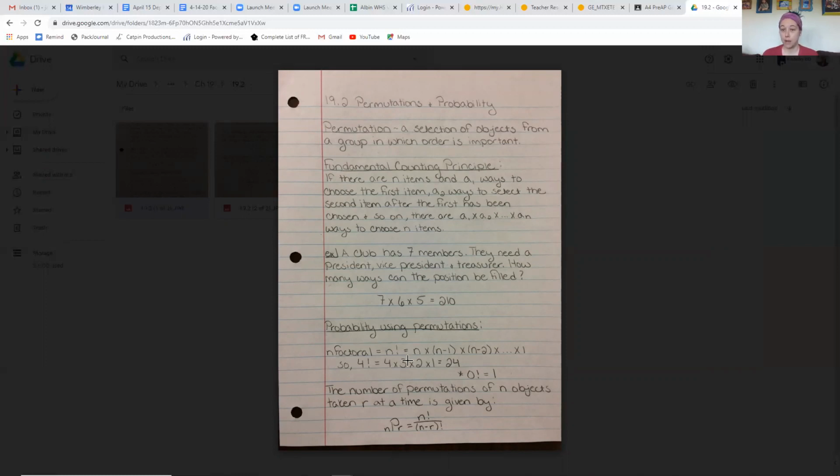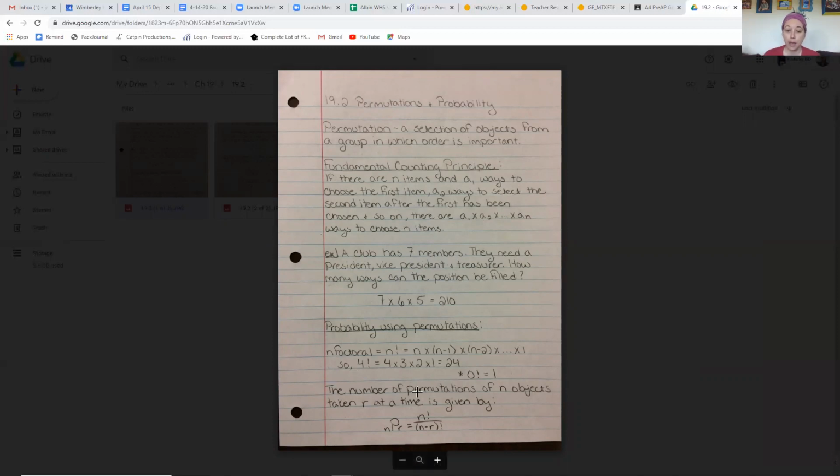4 times 4 minus 1, which is 3, times 4 minus 2, which is 2, times 4 minus 3, which is 1. That's why in the master equation here for n factorial, it's n times n minus 1 times n minus 2, all the way till you get to 1. So, by the way, we consider 0 factorial as 1.